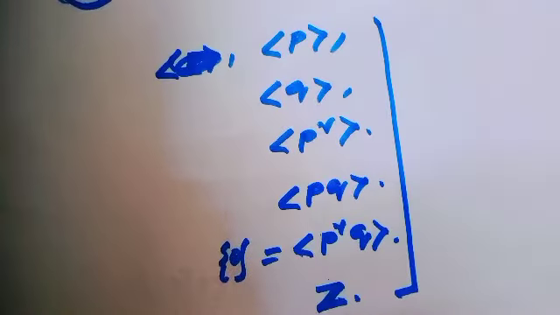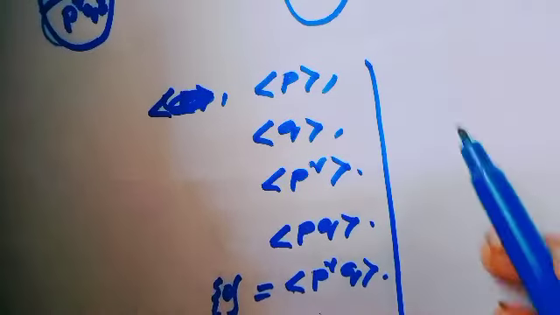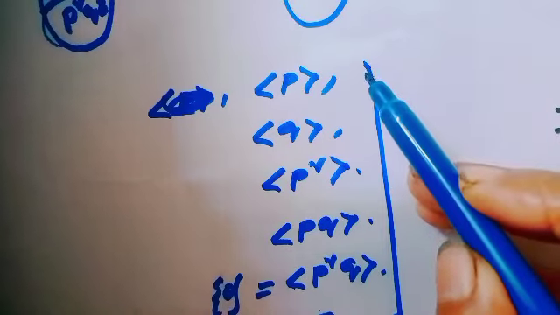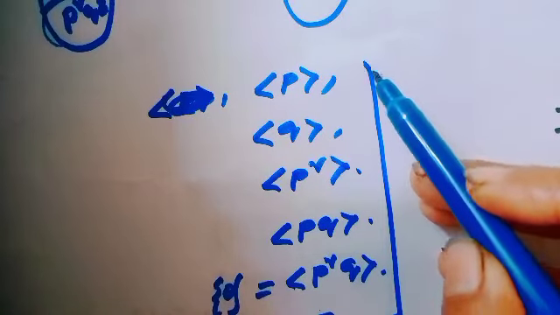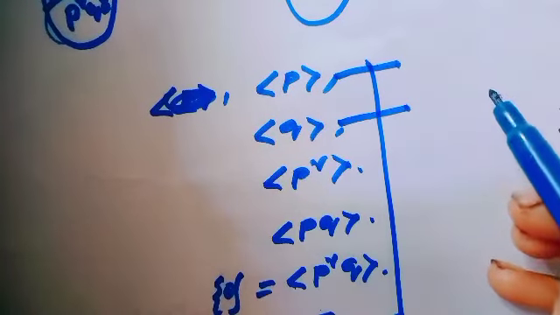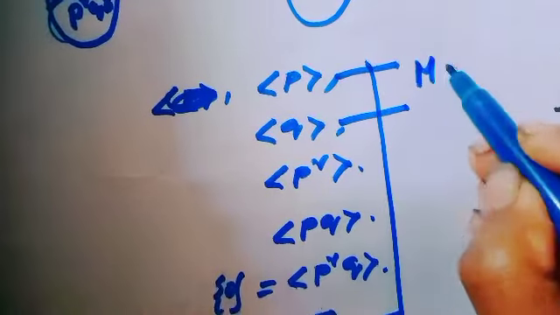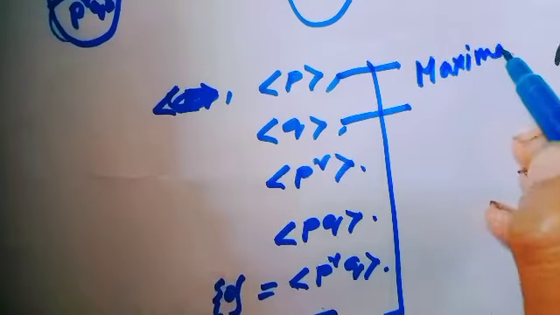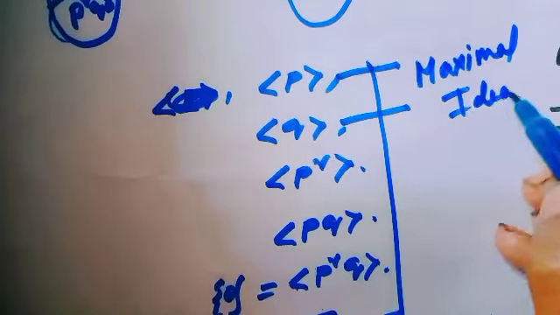Similar to Zn, here since p and q are prime numbers, the ideal generated by p and the ideal generated by q are the maximal ideals of this ring.